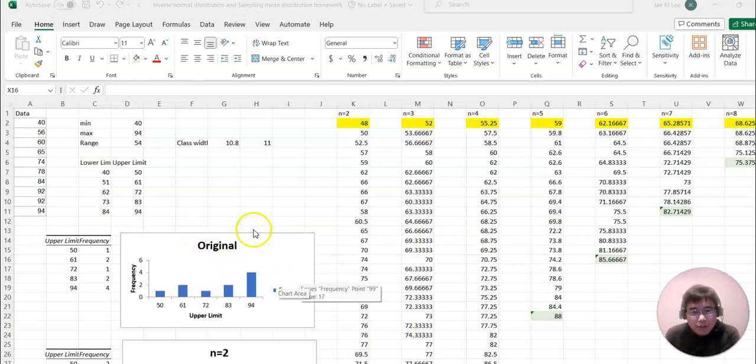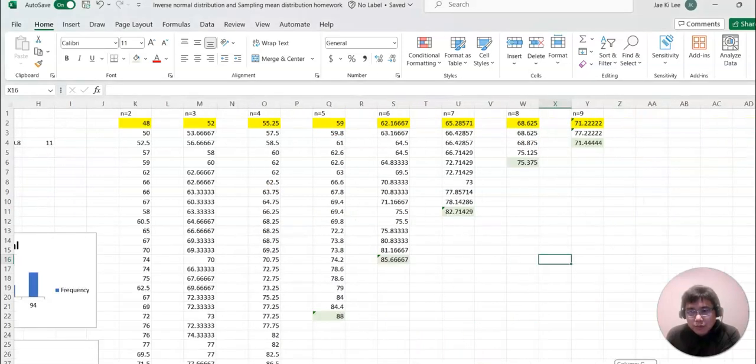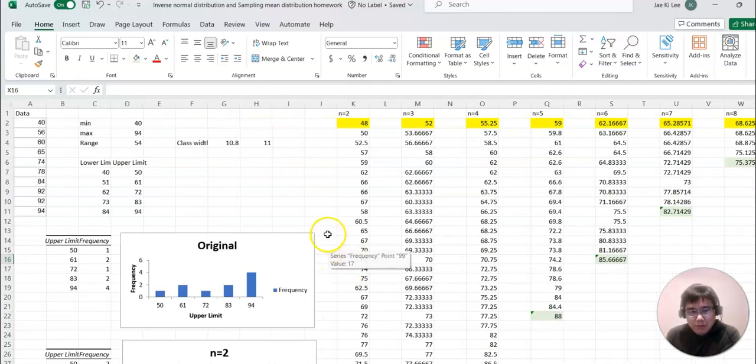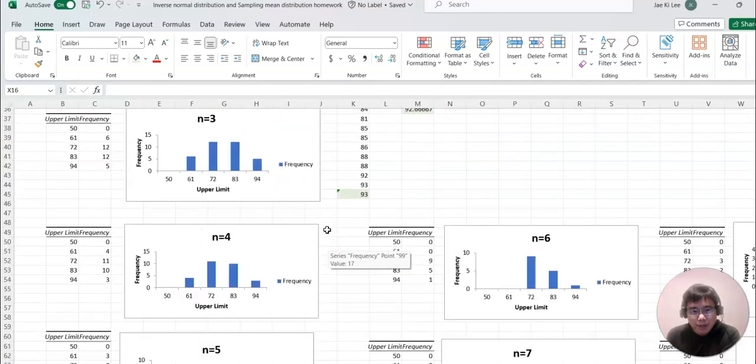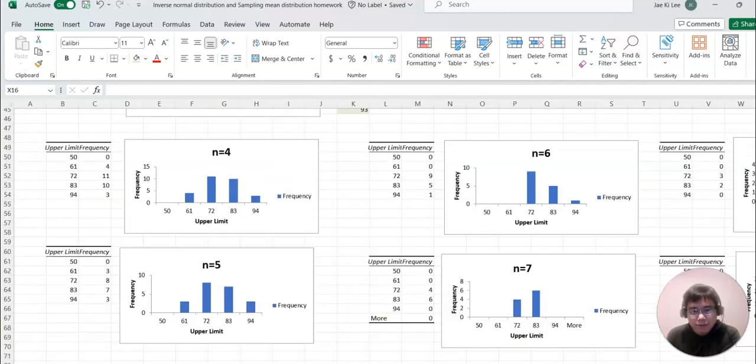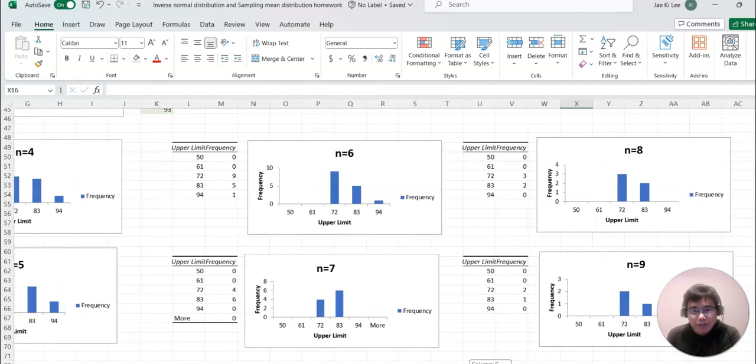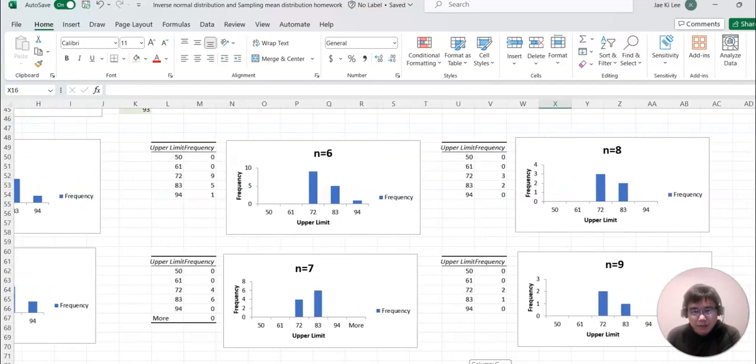And then I do all the n equals 2 to 9 distributions, and these are the histograms here: original, n equals 2, n equals 3, n equals 4, 5, 6, 7, 8, and 9 here. Okay, compared to the population data that was only 5, because it's 10 now, we can see a little bit more of the central limit theorem in this data here.